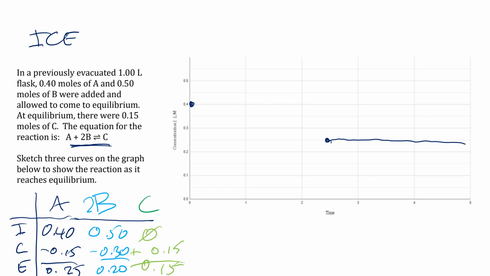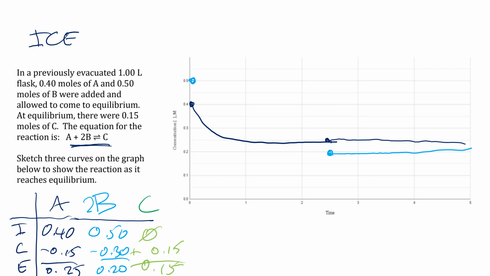I'm going to just curve it like that. Oops, ugly. There we go. So 2B starts at 0.50 and it reaches equilibrium at 0.20 moles. So it's about here, same time.